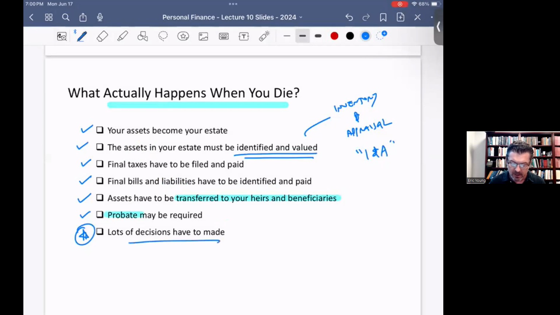So ultimately, think of probate as a very lengthy and somewhat high stakes game of decision making.